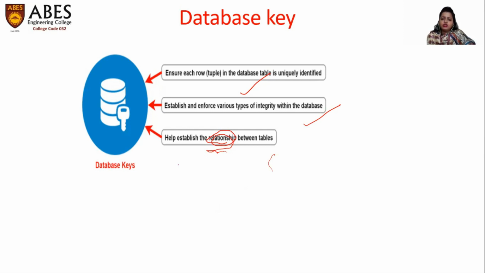In order to do that, you need to establish a relationship between the tables. This relationship will be established only if you have a common key between the tables. So here we have discussed the need for a database key.